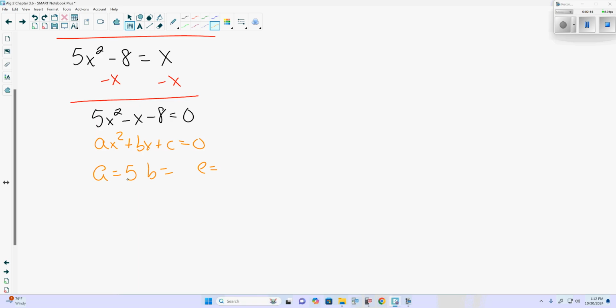Our value of b would be -1, and c is -8. x is equal to -b plus or minus the square root of b squared minus 4ac, all over 2a.